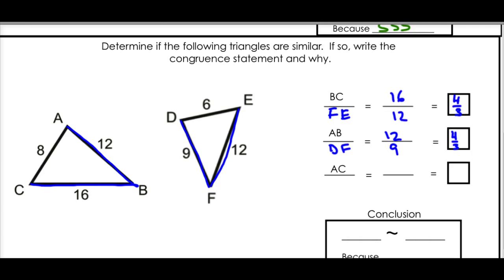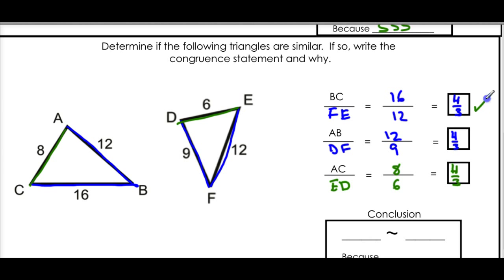So let's do our smallest side now. All right. Our smallest side of this one is CA or AC. Okay, and the smallest one of this one is 6, ED. AC over ED would be 8 over 6, and if you reduce that by putting in the calculator, once again you get 4/3.